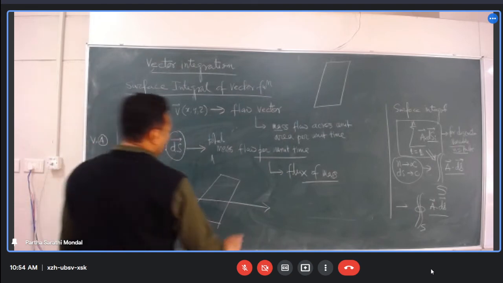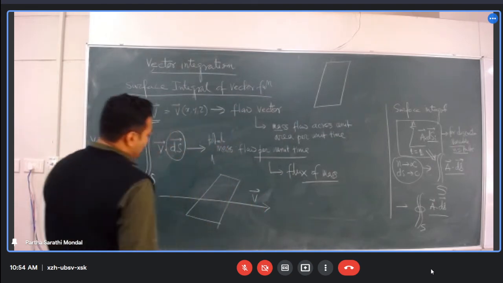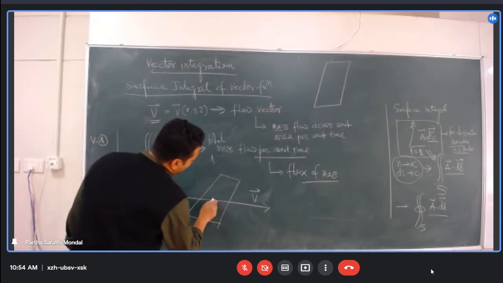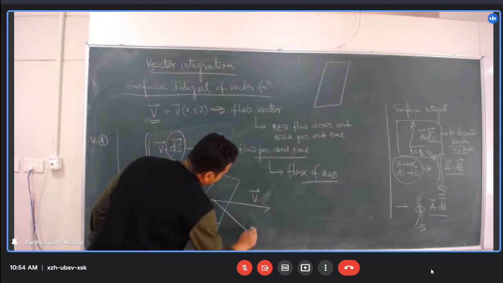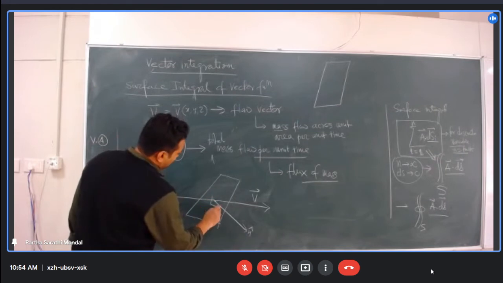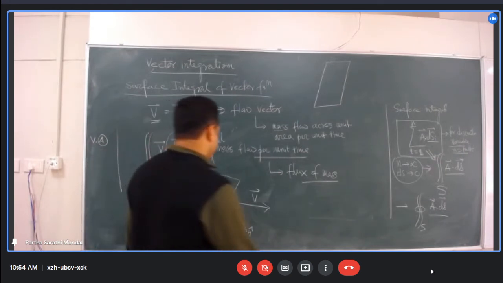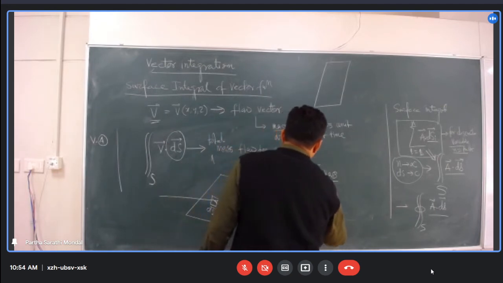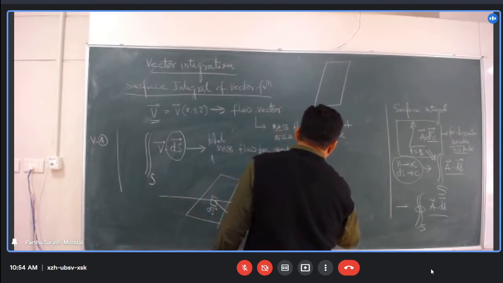This is the flow vector, let's say V. And at this point, this is the perpendicular direction of the surface, n. And let's say this is the patch at this point, ds. So that means ds equals ds into n cap.